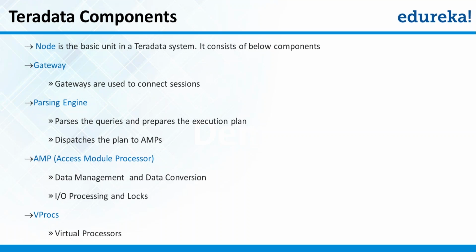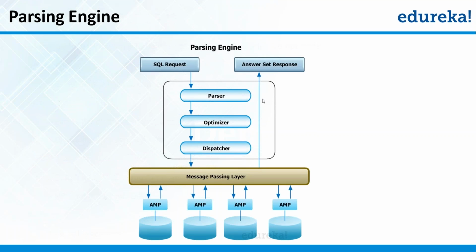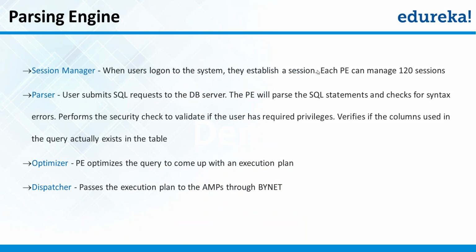Next, it went to a parsing engine where I did a syntax check, prepared the query, prepared the execution plan, and then gave it to the AMPs. The AMPs are my processors, which are responsible for data management and conversion, and they also do the IO processing and the locking. All of that has to be done by the processor, and once that is done, it gives out the results back. So this diagram is clear now.